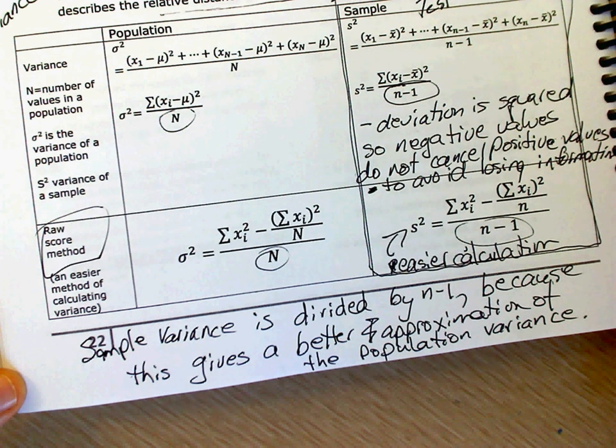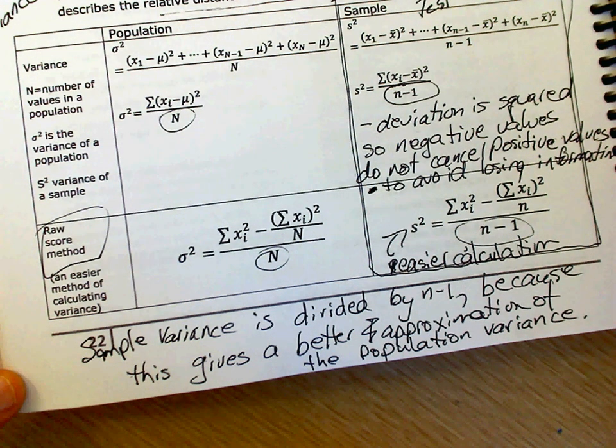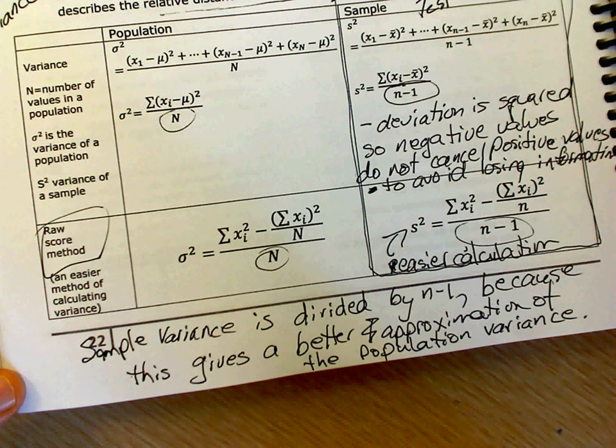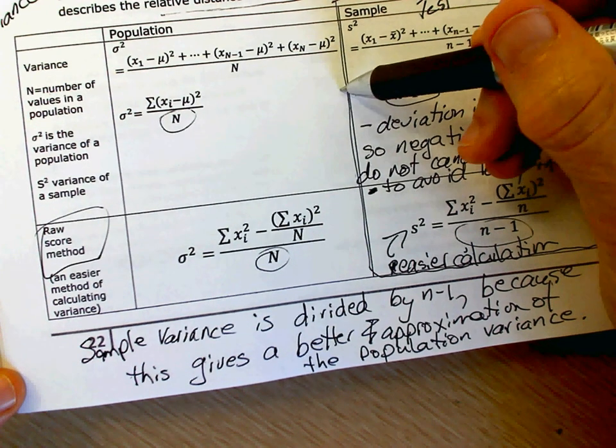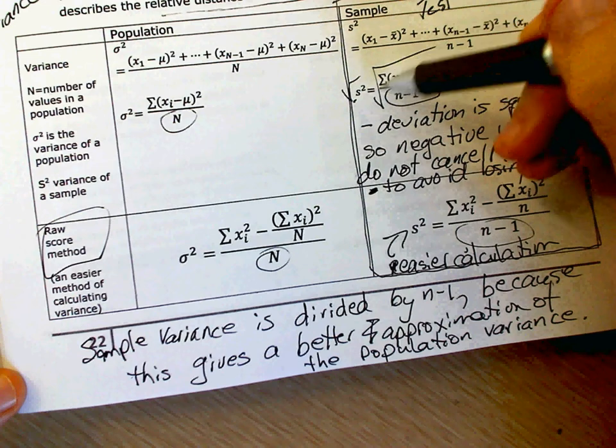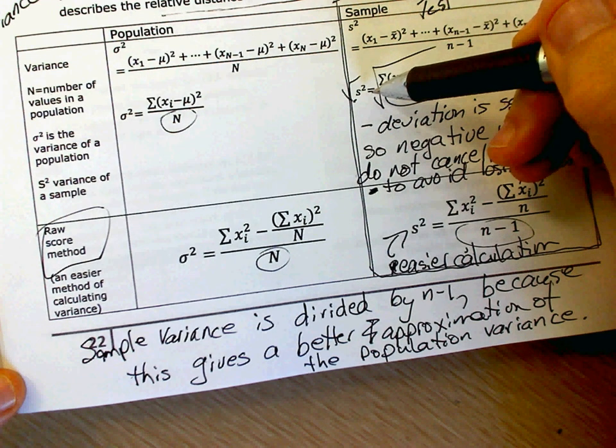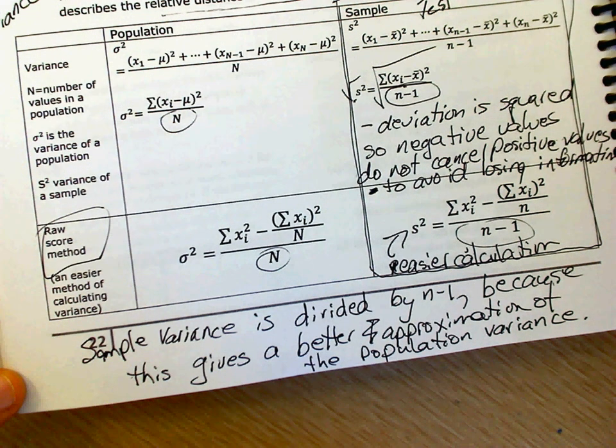Technically, it's not the sole reason. I'll tell you why. Eventually when we calculate standard deviation, we're going to get the square root of this, and that ends up being S. But if you use absolute value, that's a good question.